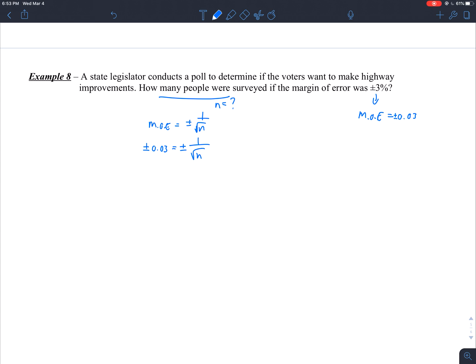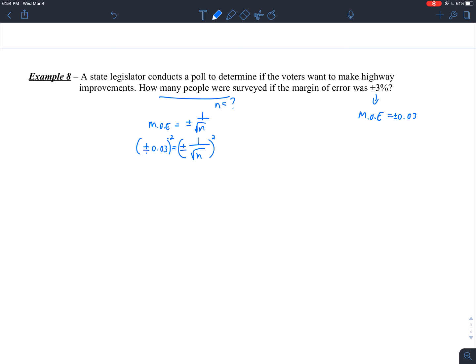I want to find n. Well, we've learned how to do this already. You can remove the square root by squaring both sides. You have some options in what you want to do, but I think the easiest thing to do is to square both sides. Squaring plus minus turns it into a plus.